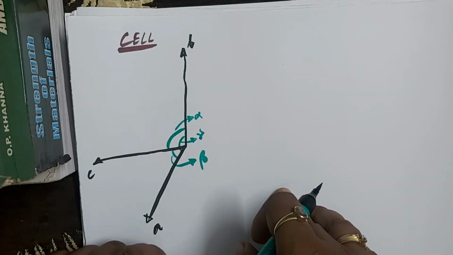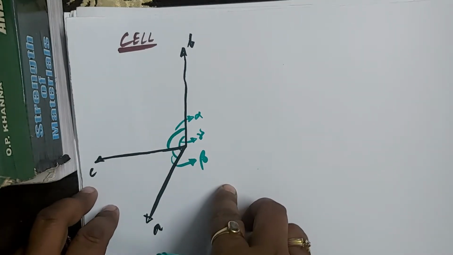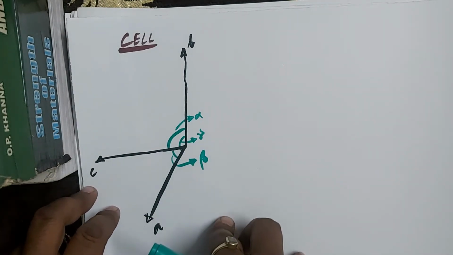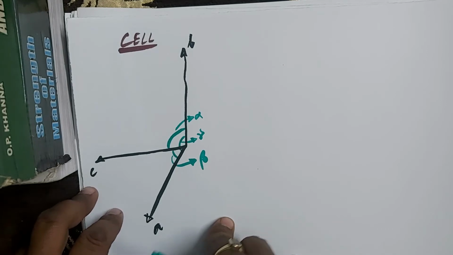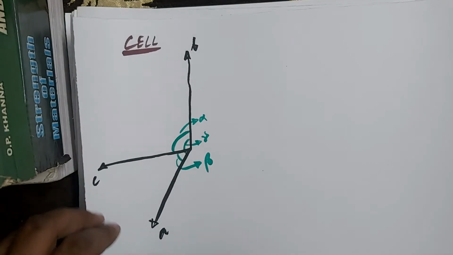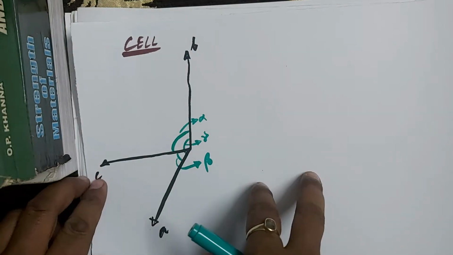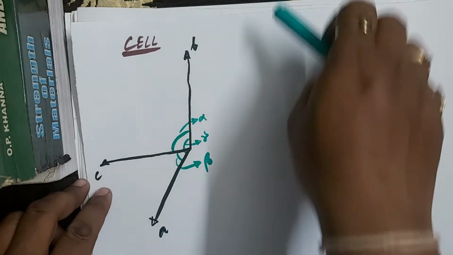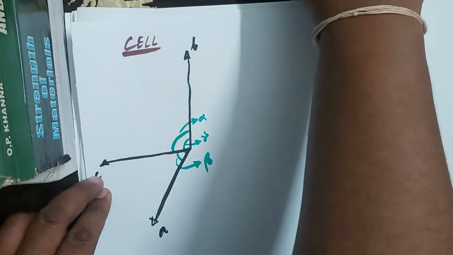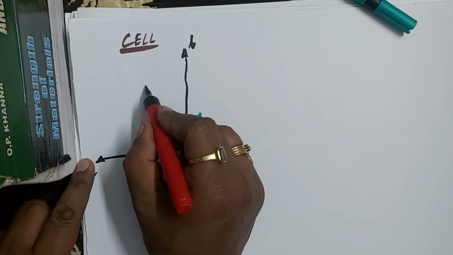So these are the three different angles between two different vectors. Now we have three vectors, A, B, and C, and if it is possible to construct a parallelepiped with these three vectors, then we will call it a cell.